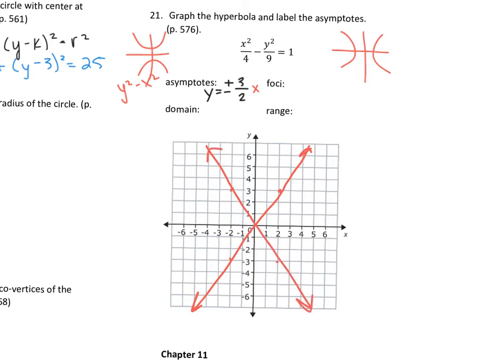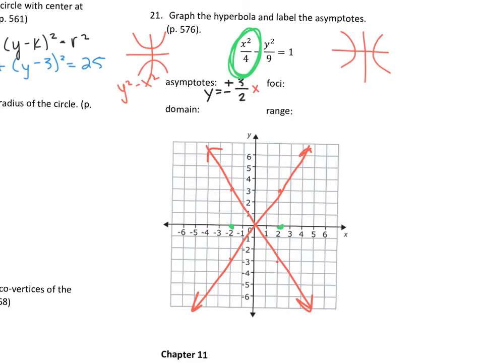And then I also want to graph my vertices. My vertices are going to be on the x-axis because that's what's leading. It doesn't have to do with which numbers are greater on the bottom like an ellipse does. With a hyperbola it matters which one's leading. So underneath here is a 2, -2 right here. So those are on my x-axis because it's a horizontal transverse axis.